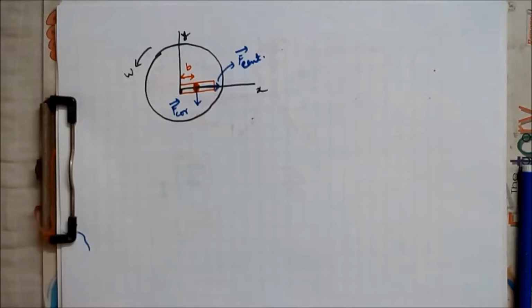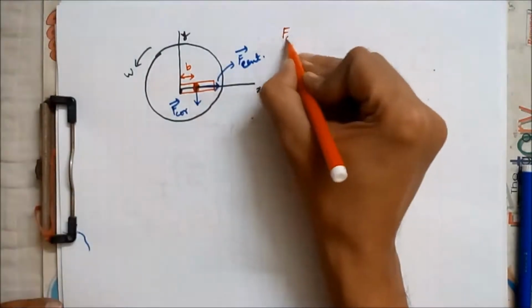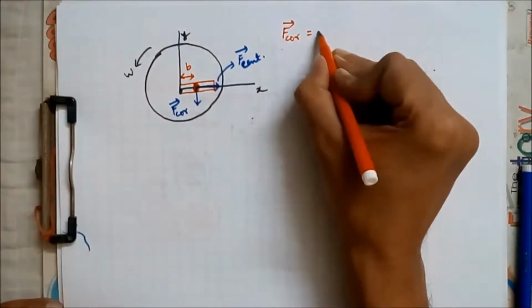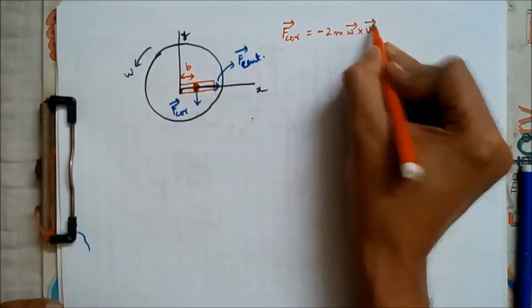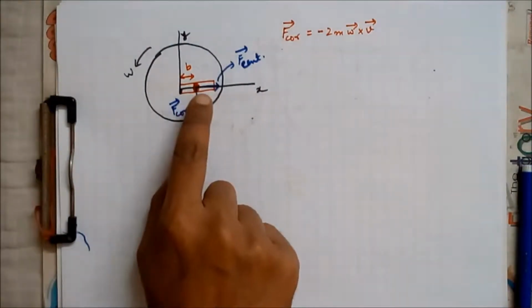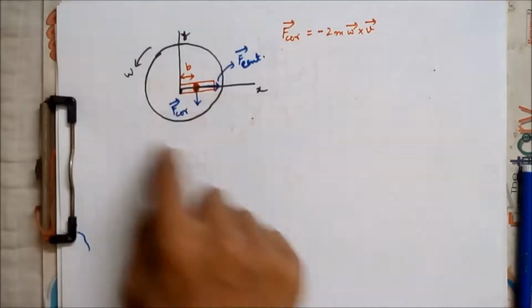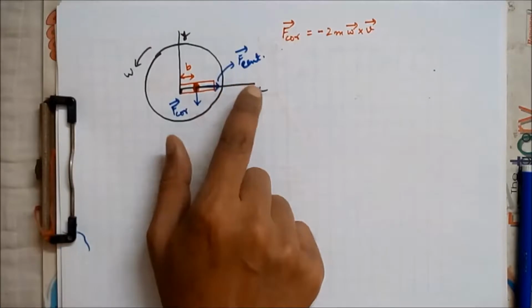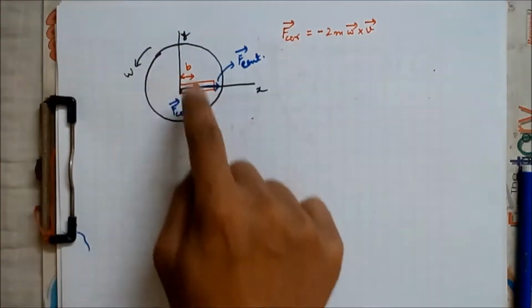The formula for Coriolis force is minus 2m omega cross v. So omega being in the upward direction, and the velocity of the particle relative to the rotating frame being in this direction, omega cross v will give us the upward direction, but because of the minus sign, the force will be in the downward direction.